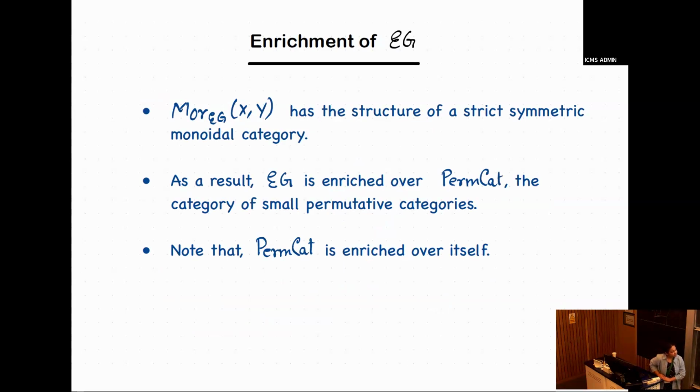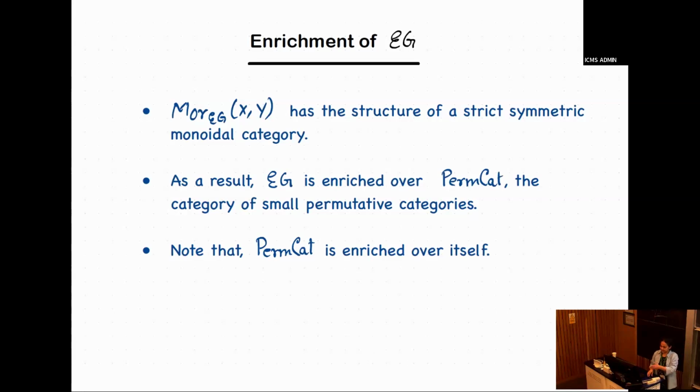A thing to note is that permcat itself is enriched over itself. Why I'm saying this: when we are dealing with Mackey functors, we are looking at enriched functors from the Burnside category to AB, where both the Burnside category and the category of abelian categories are enriched over AB itself. Now we are trying to do something similar from the Burnside 2-category to permcat, and we see that both of these categories are enriched over permcat.